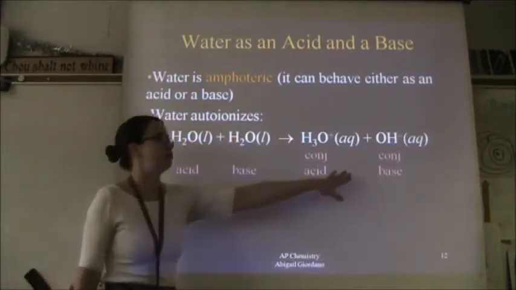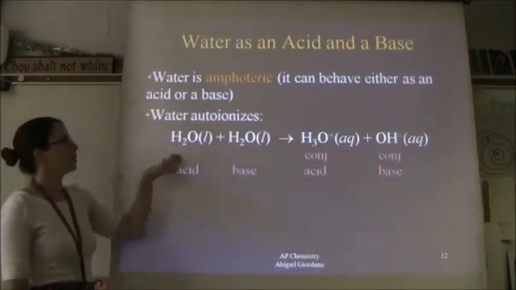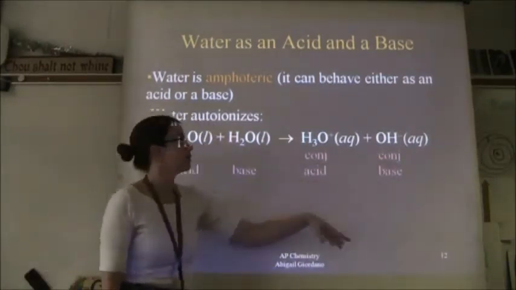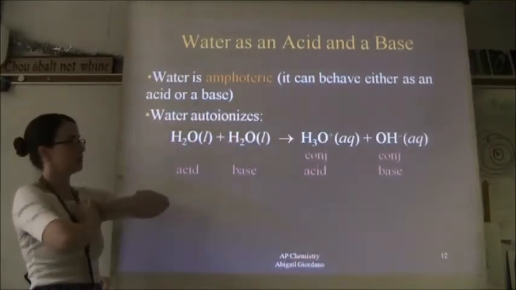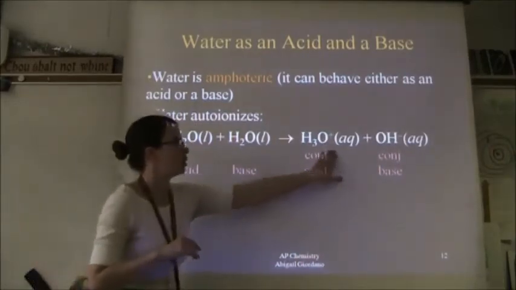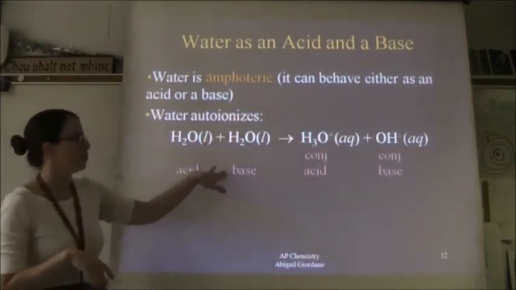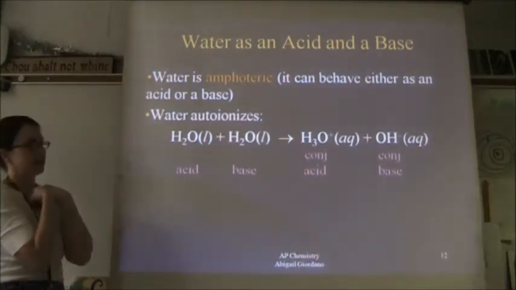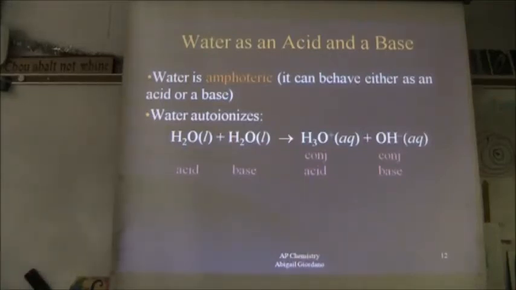Remember, conjugate base just means whatever your acid becomes after it donates that hydrogen away. Your conjugate acid is whatever your base becomes after it accepts that hydrogen ion. Okay, so just review that vocabulary a little bit.